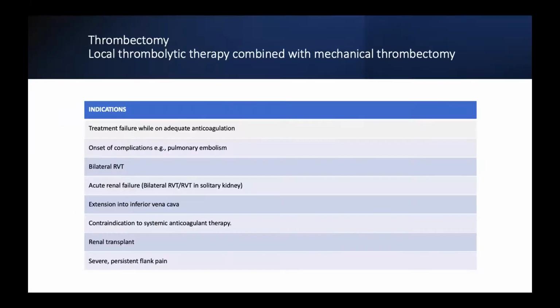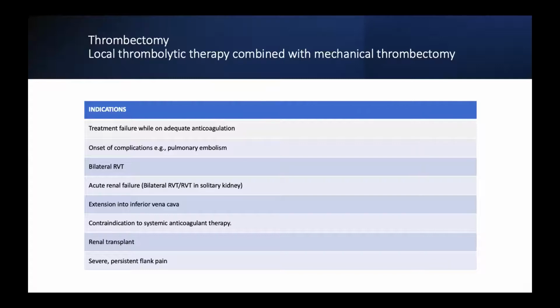And coming to indications for thrombectomy and local thrombolytic therapy with mechanical thrombectomy combination, this is indicated in cases of treatment failure while on adequate anticoagulation, or if there are other complications like pulmonary embolism or bilateral renal vein thrombosis, or in cases of AKI attributed to renal vein thrombosis, or in case there is extension of thrombus into the inferior vena cava, or in case of renal transplant or severe persistent flank pain.